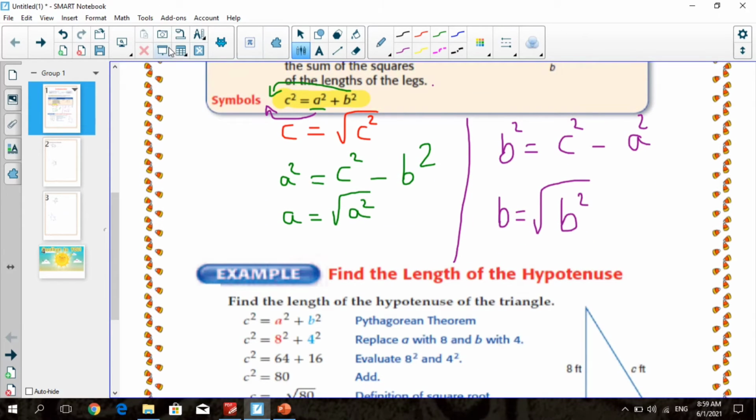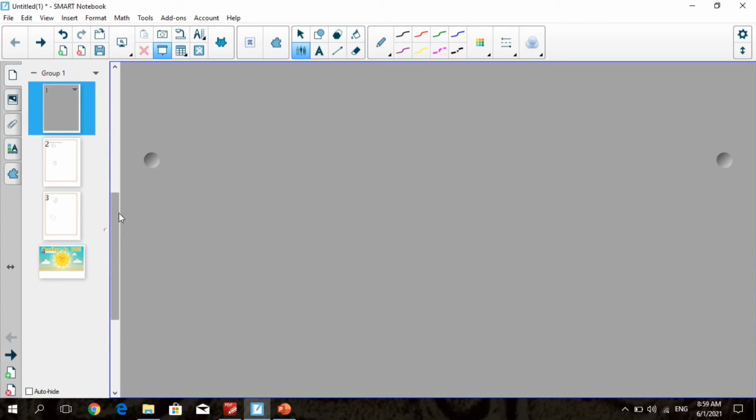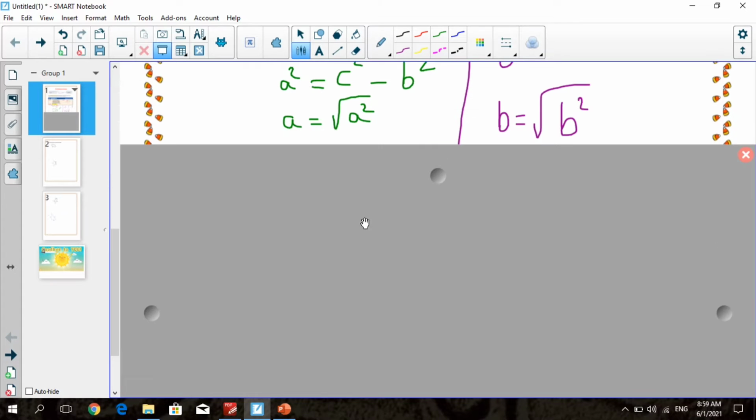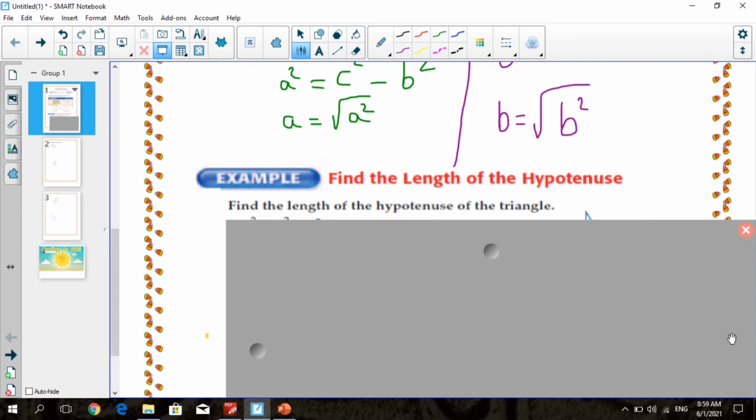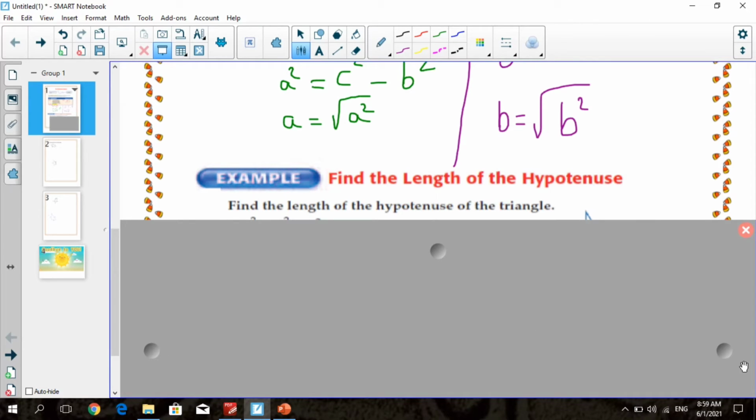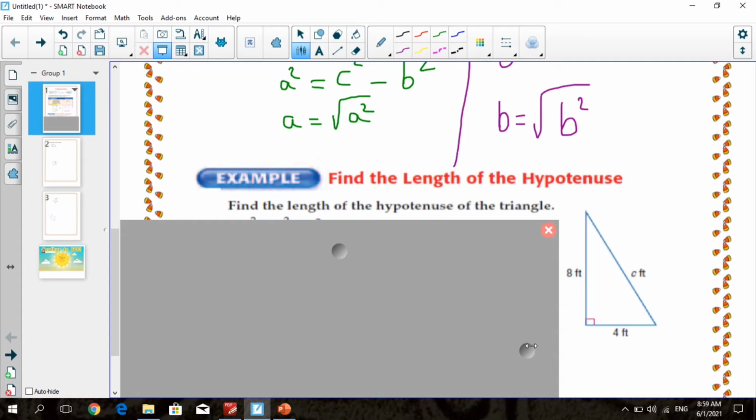Okay habibi. Now let's see the first example we have today. He gave you this triangle and he wants you to find the length of the hypotenuse of the triangle.